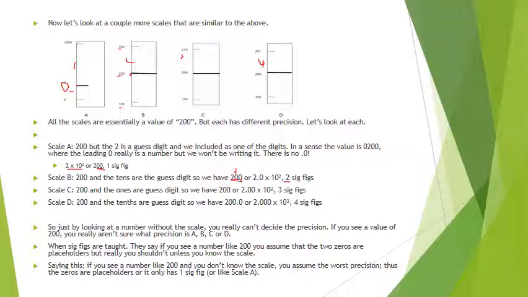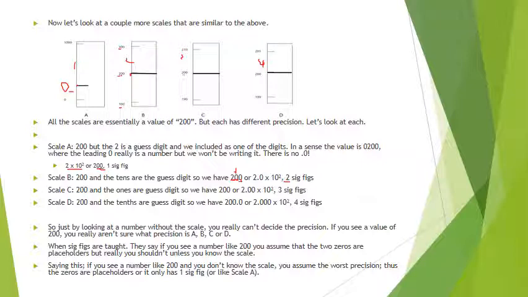All right, so let's say you have this scale. Now you have one where it measures to the tenths you're sure of, and then the ones are the guess digit. So now you have 200. You're sure of the 200. You're also sure of the tens, 0.